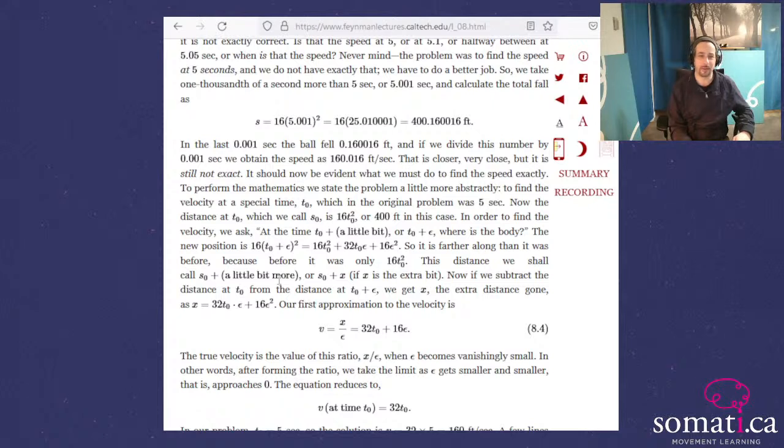To find the velocity at those points, we need to... no, I don't follow this.